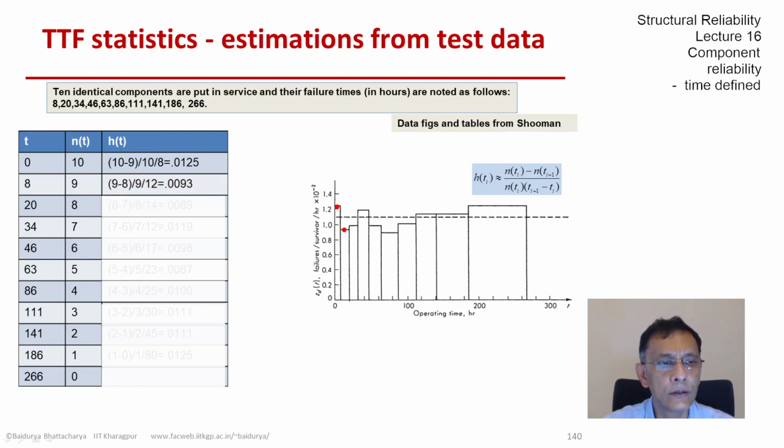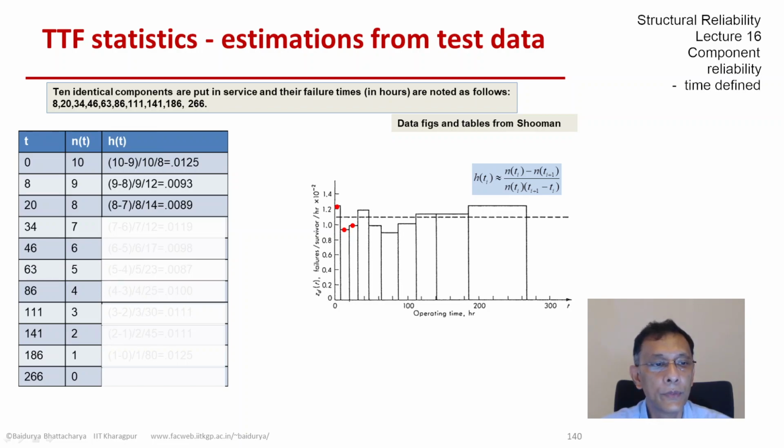For the next interval, 8 to 20 hours, we have one failure with the initial number of surviving elements being 9, and the length of the interval 8 to 20 is 12 hours. So that gives me 0.0093 per hour. The third one again has an interval of 14 hours and 8 items to start with.